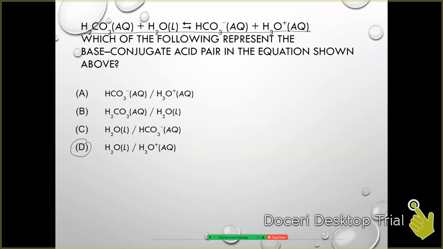You should have been able to kick these three out. It doesn't make any sense to have HCO3 with H3O plus. We said they only differ by an H plus, and all of these differ by much more than just an H plus. The carbon is going to be the big difference in all of them, so there's no way that could be any kind of conjugate acid-base pair.